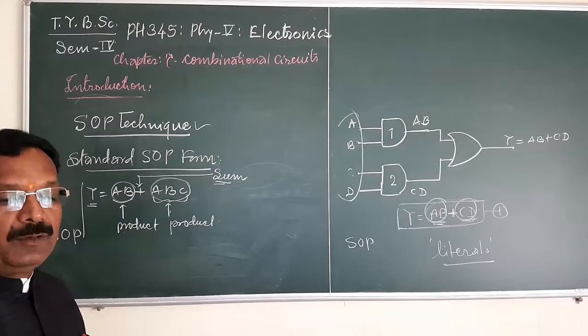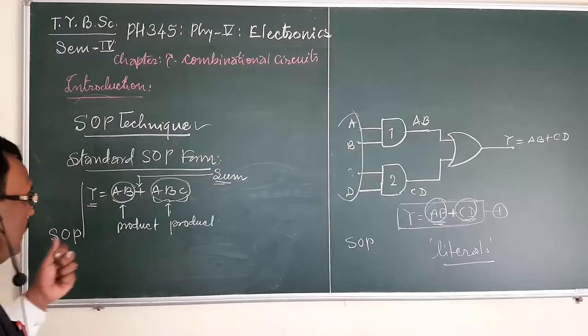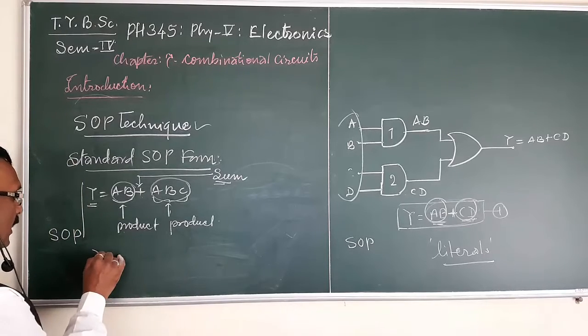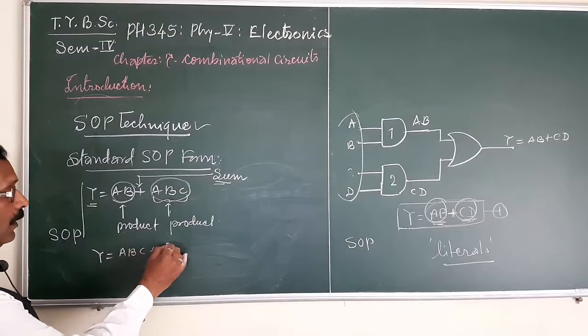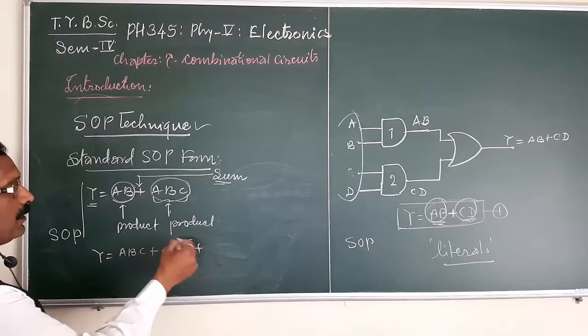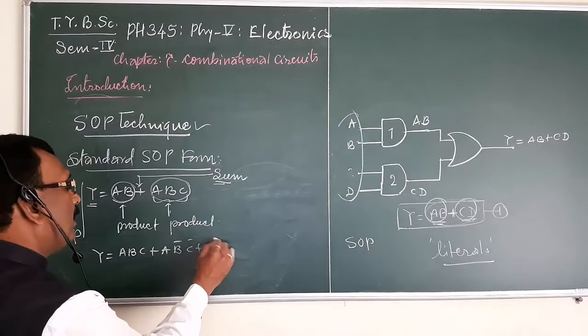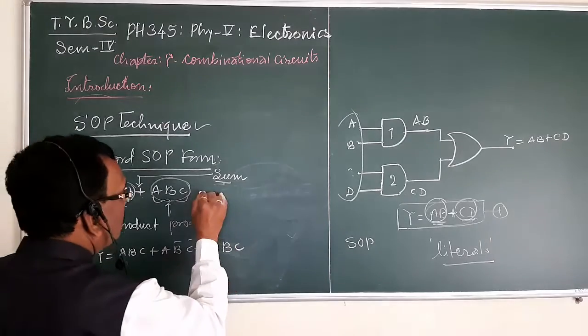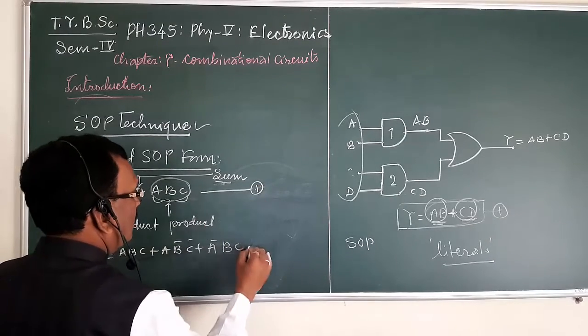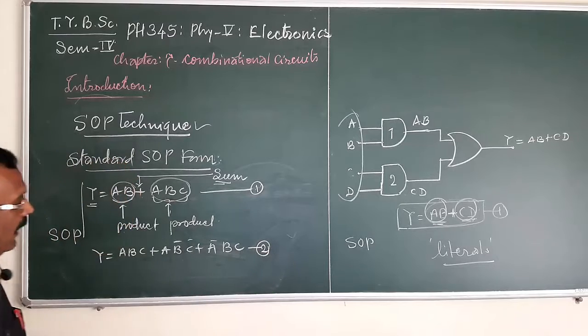Now we consider another example. Suppose Y is equal to A B C plus A B bar C bar plus another term A bar B C. Now suppose the first is equation 1 and this is equation 2. What is the difference?